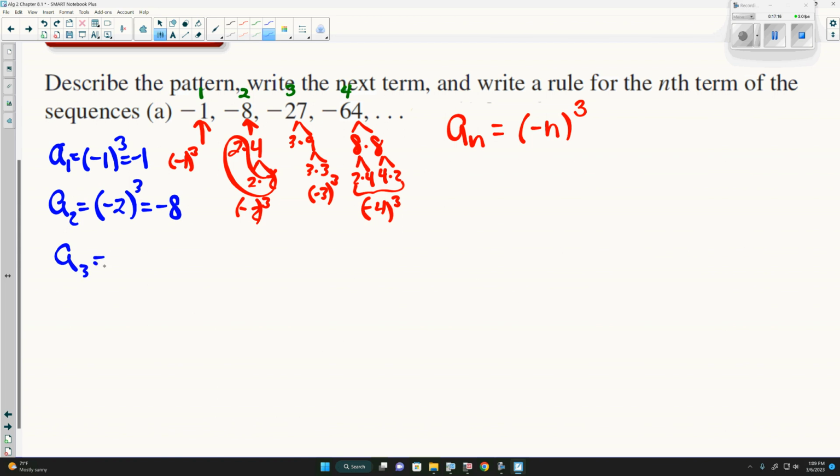Then a sub 3 would be negative 3 to the 3rd, which is indeed negative 27. And a sub 4 should be negative 4 to the 3rd, which is indeed negative 64. Because we can test it out and make sure that we do get the terms back. Because if we get our terms back, then it is indeed the correct sequence for this here.